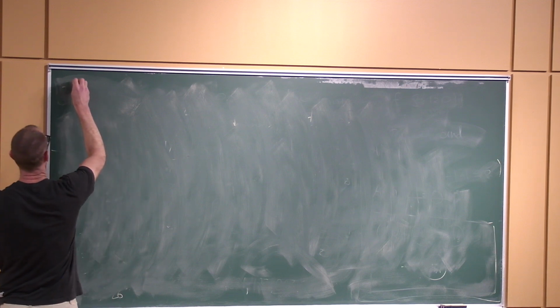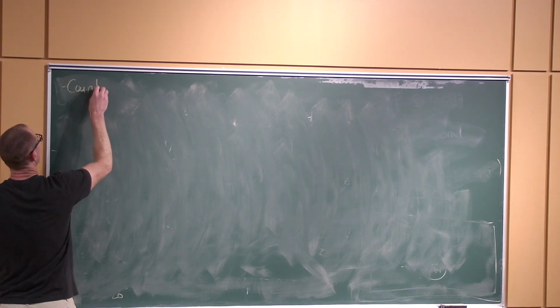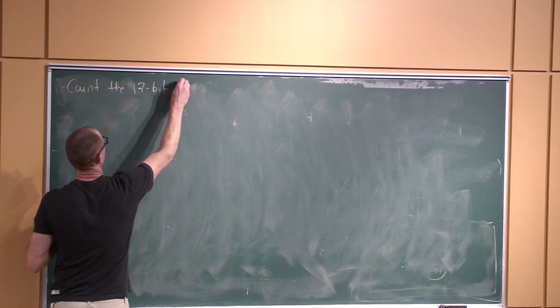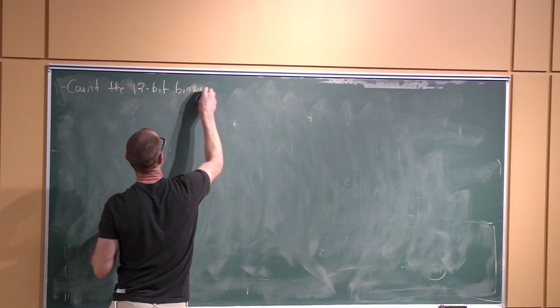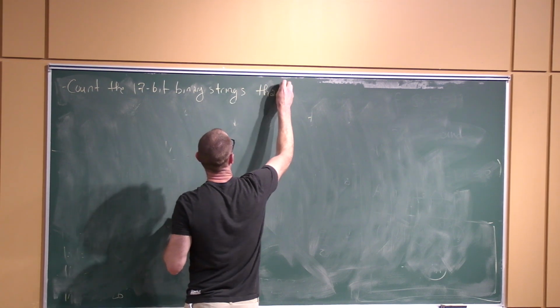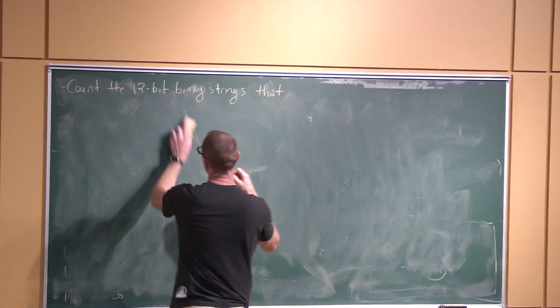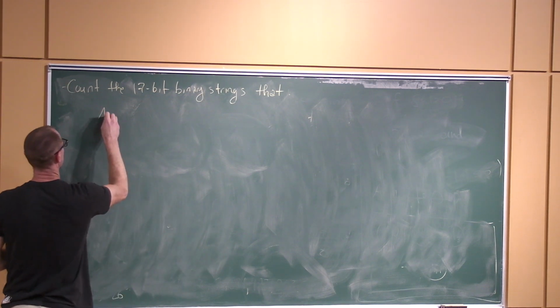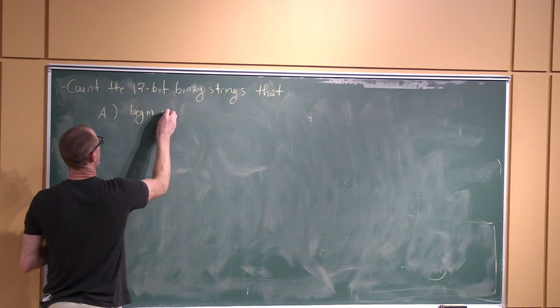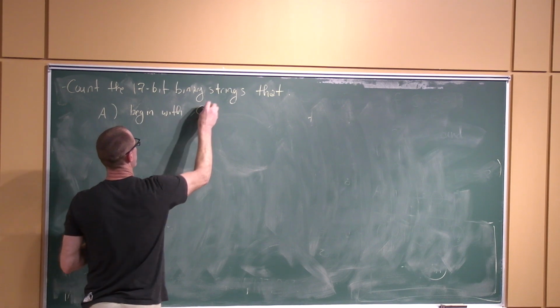We'll say, count the 17-bit binary strings that A is begin with 0, 1, 0.